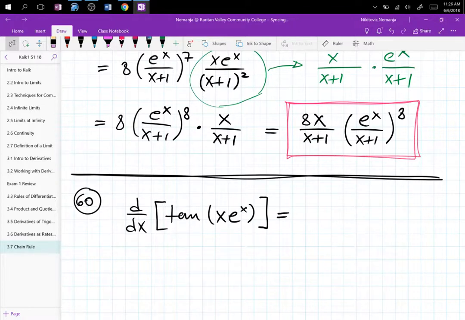So what do we have here? What do we have here? We have some functions, right?